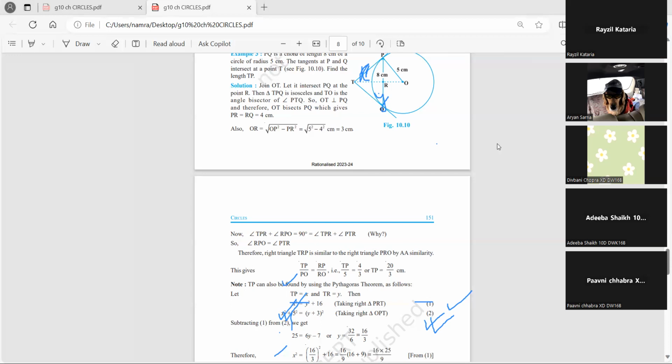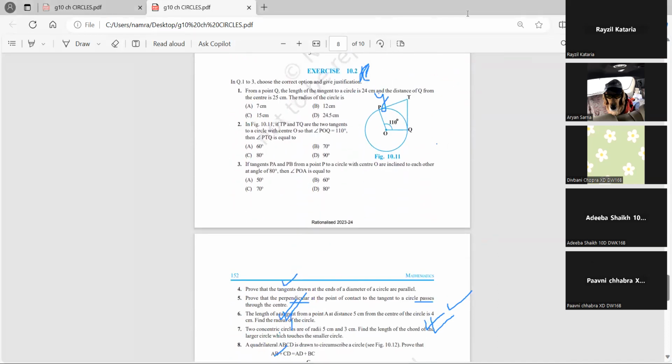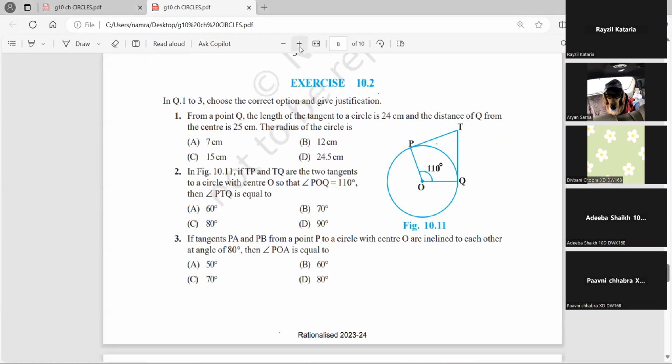proceeding to the exercise, moving on to exercise 10.2, the question is: from a point Q, the length of the tangent to the circle is 24 centimeter.